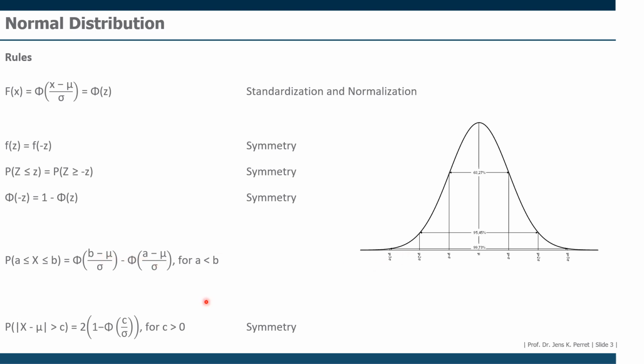Well, this works with this formula for being outside a certain interval. If we just go with 1 minus this, we could also turn this around and say, well, we're inside this area, but inside an area whose borders are equally far away from the mean. So for example, plus minus a certain value.